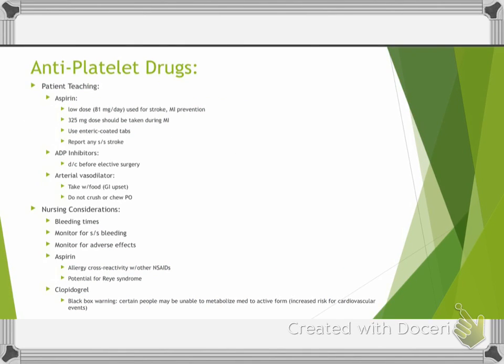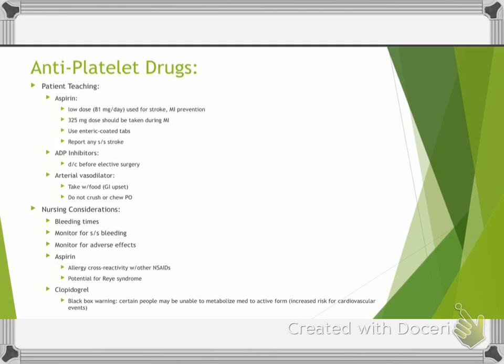So with patient teaching, with aspirin, they should be on a low dose, and it's used for stroke and MI prevention. However, they're going to take a higher dose, 325 milligrams, during an MI, or if they had an MI.